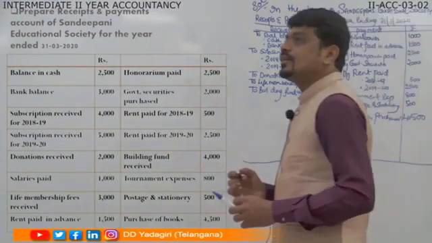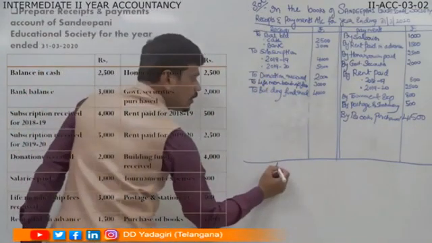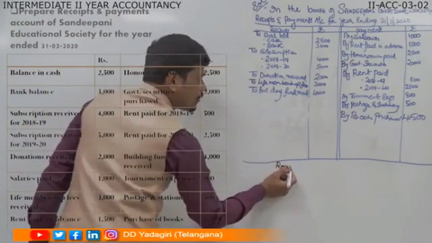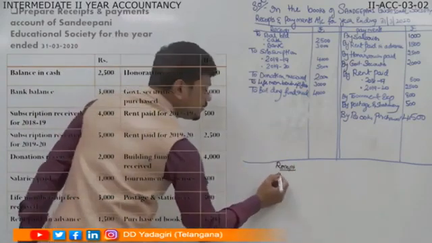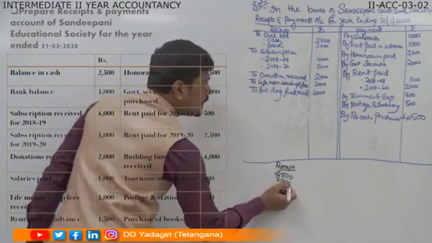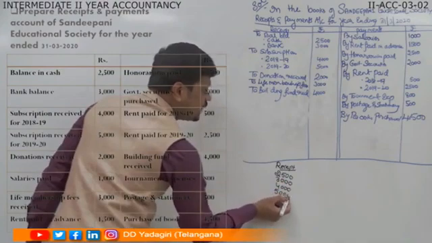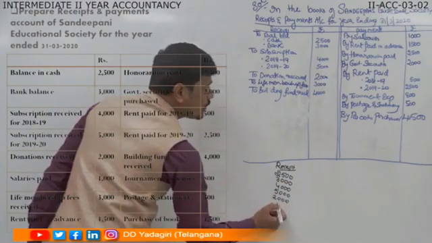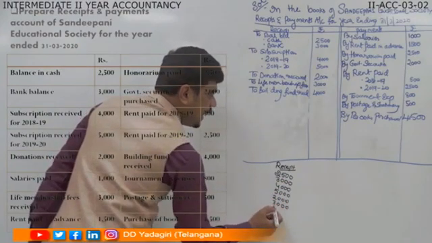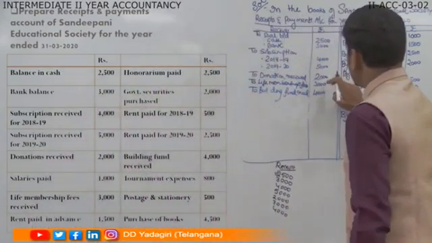As usual, the working notes. So let us do the working notes for receipt side. Receipts: first 2,500, 3,000, 4,000, 5,000, 2,000, 3,000 and 4,000. Better to check: 1, 2, 3, 4, 5, 6, 7.